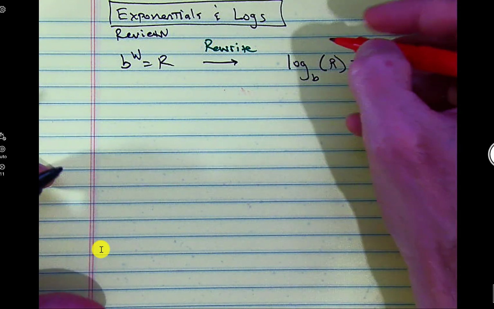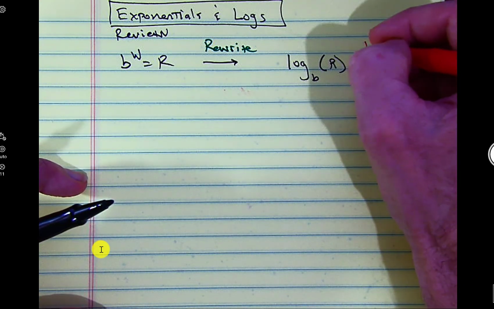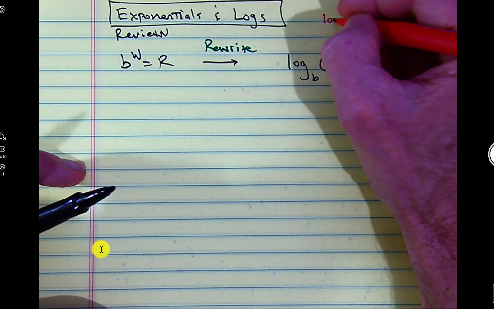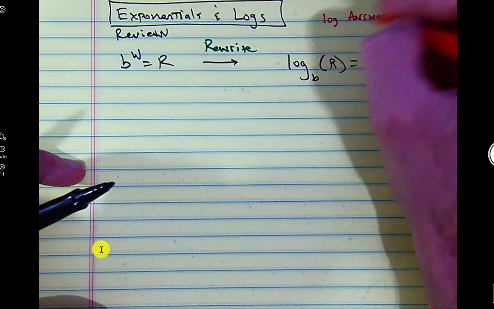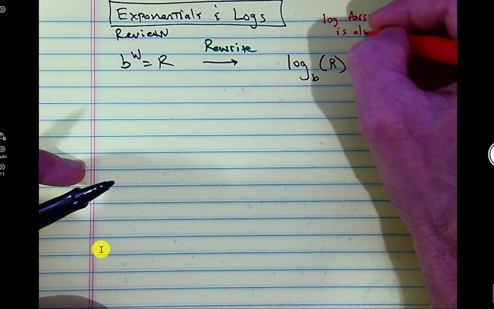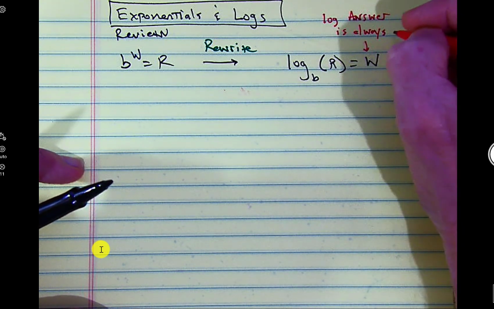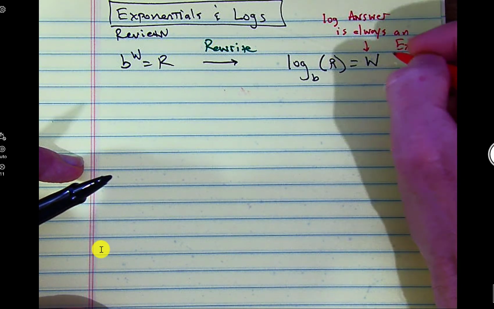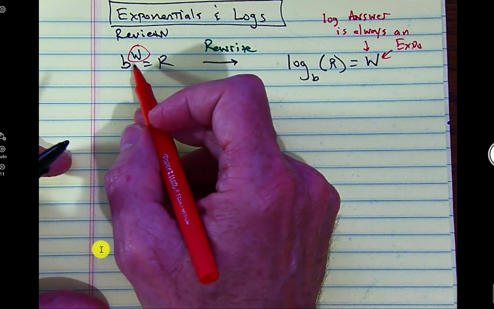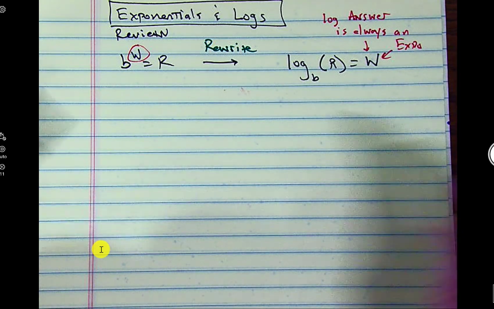And one thing to remember about logs is the log answer is always an exponent. W is the exponent, and that's exactly where we got it from.